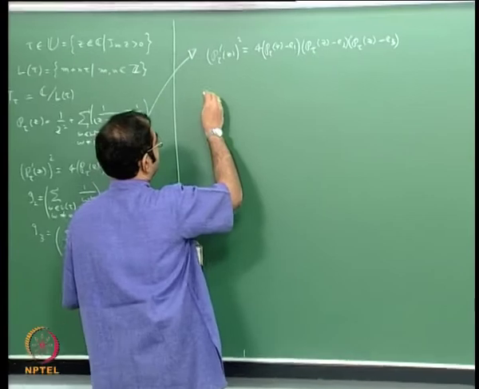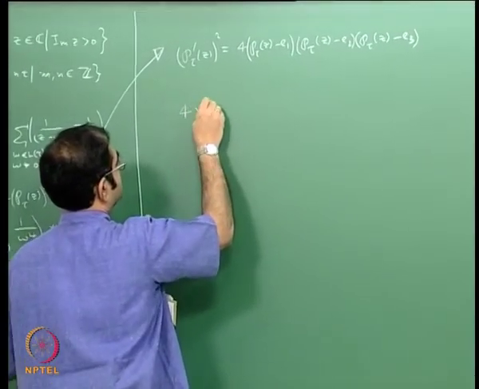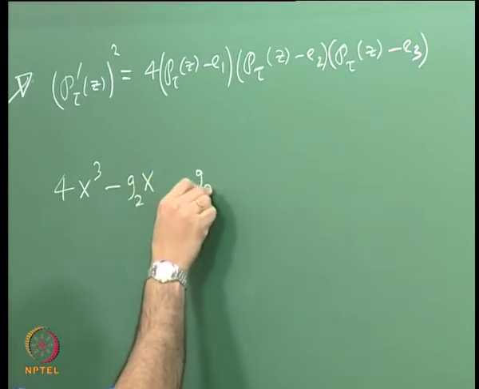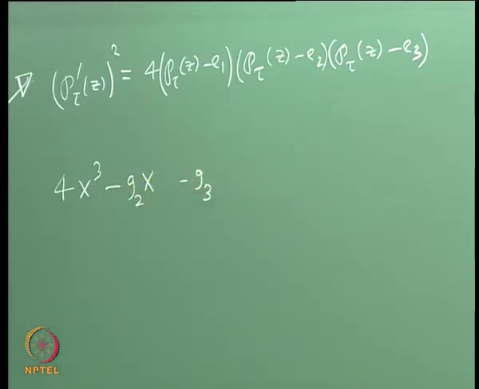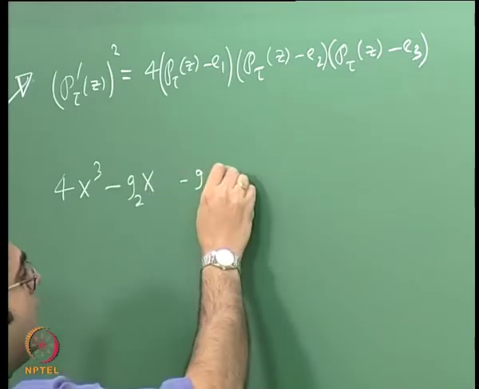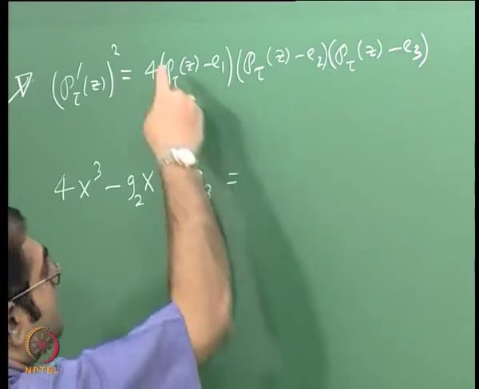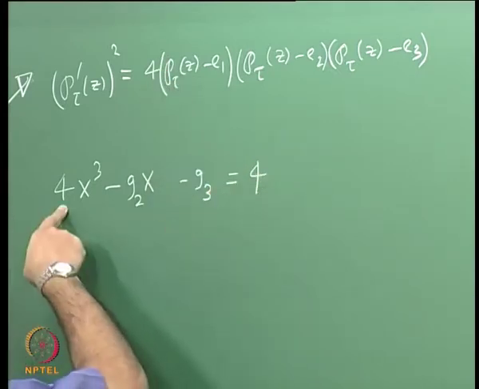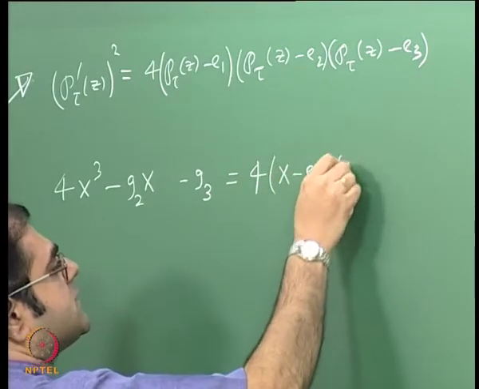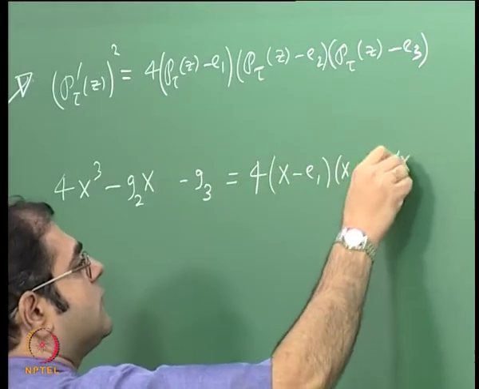So you take 4x cube minus g2x minus g3. This is a polynomial of degree 3, and it will have 3 roots. If you write the factorization in terms of the roots, it will look like the leading coefficient into x minus the first root into x minus the second root into x minus the third root.